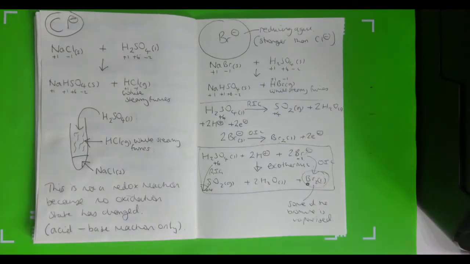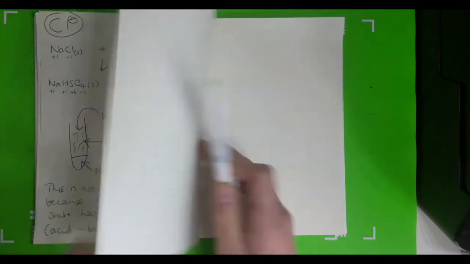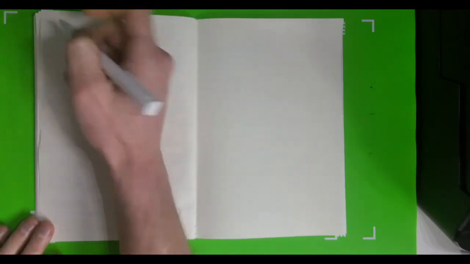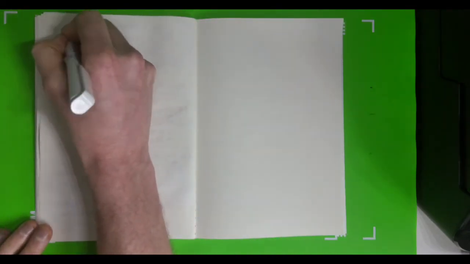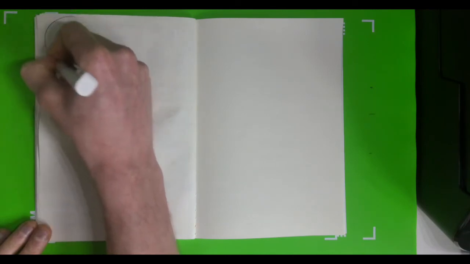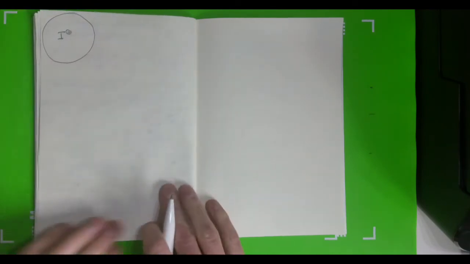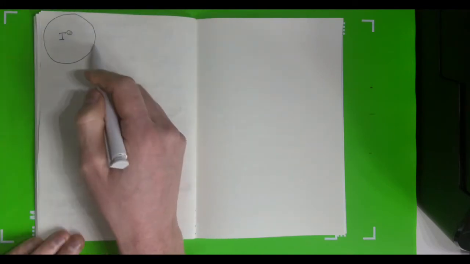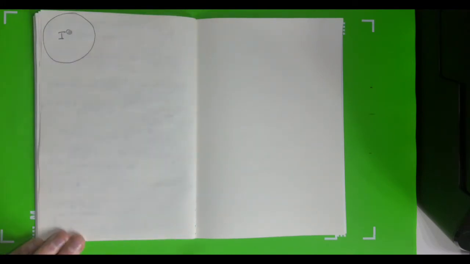Now let's have a look at iodide. Now, iodide ions are much bigger still. So those electrons in iodide are really easily lost because they're quite far from the nucleus and they're really shielded, so it's easy to remove.